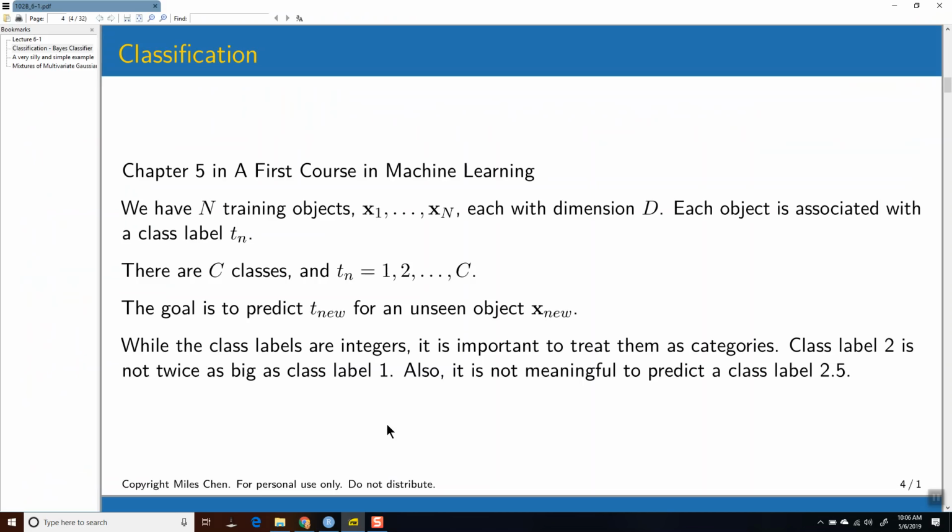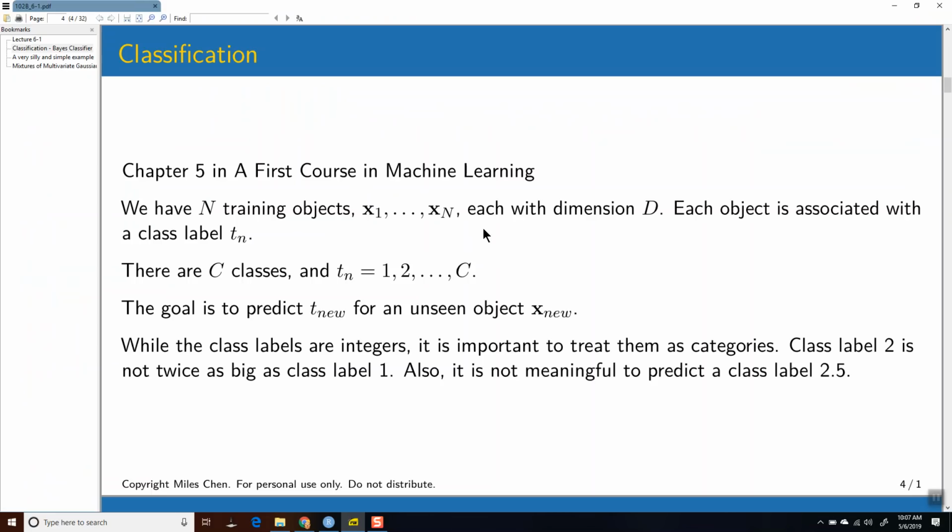So this is where we are. We're in chapter 5 in our textbook. And the classification problem looks something like this. In your training data, you've got n observations, and we're assuming these are multi-dimensional observations. So each one's a vector of dimension d.